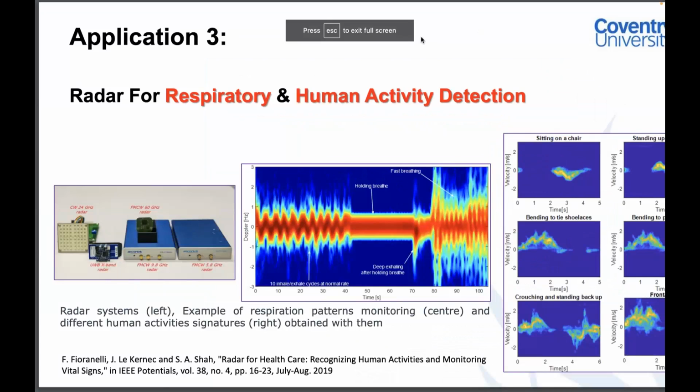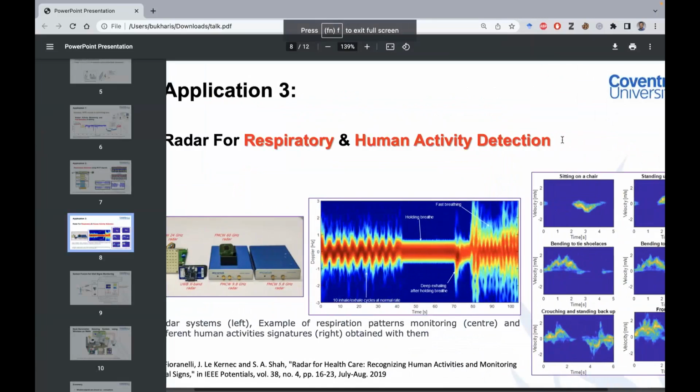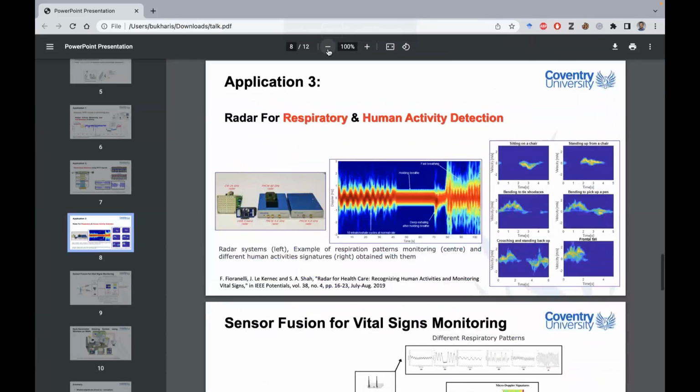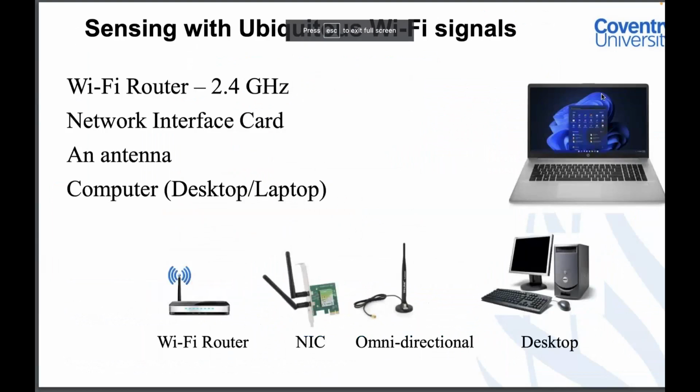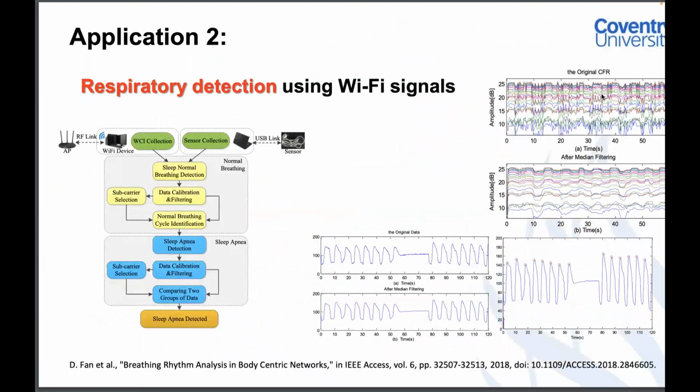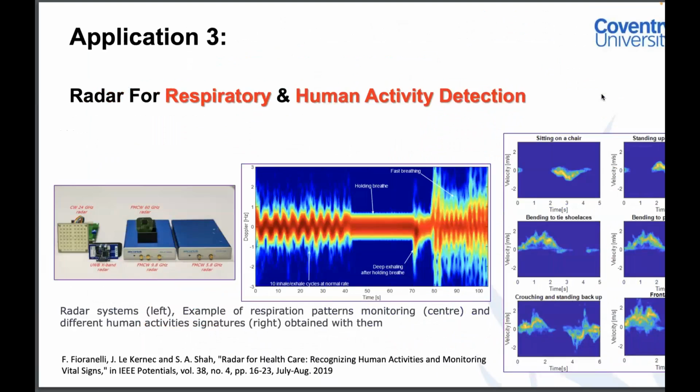We wanted to see if it can pick up similar activities, by similar I mean if you bend down to pick up something, or bend down to tie your laces, or even fall as well. Three of them have forward acceleration, and these are all similar activities. But radar can even detect these intricate differences between similar activities, like I said, a fall, or bending down to pick up something, or bending down to tie shoelaces.